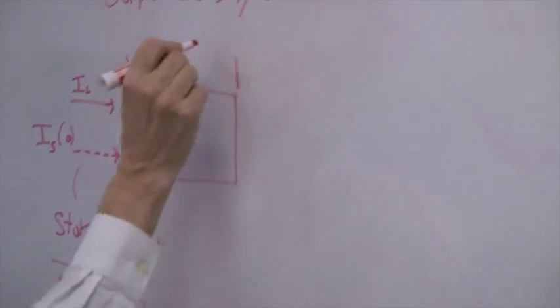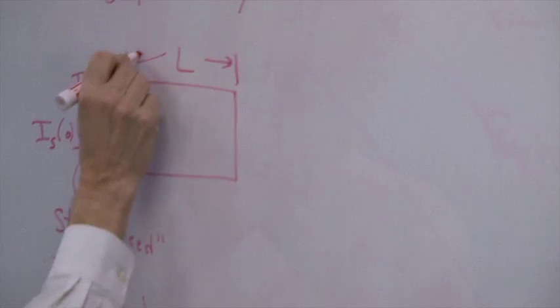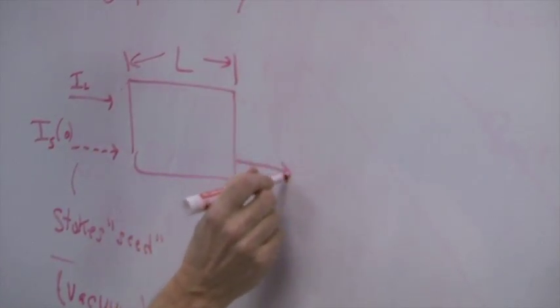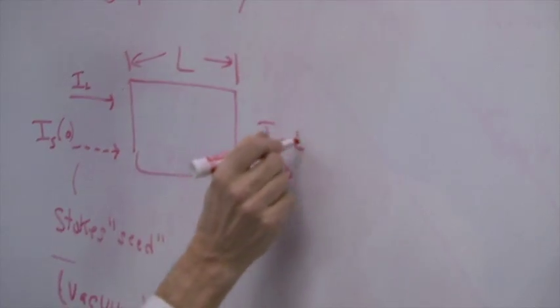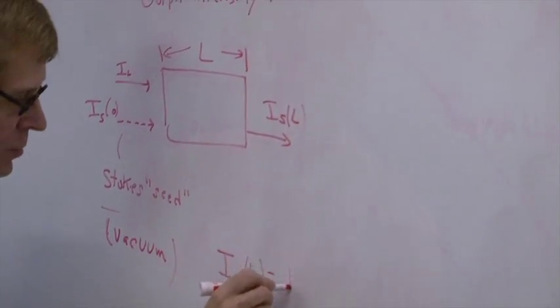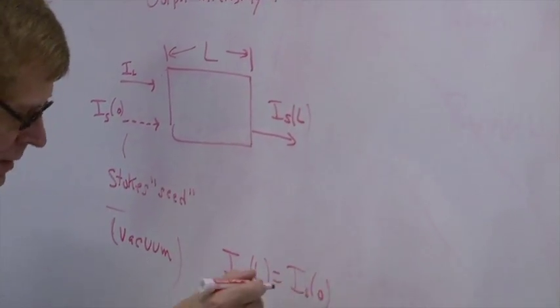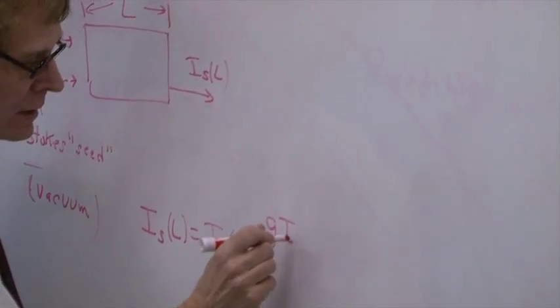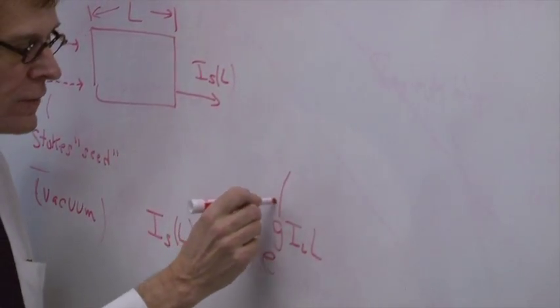You pass through a length L of material, and you measure the Stokes light intensity at the output, and ignoring saturation, the Stokes intensity at the output is the Stokes intensity at the input times e to the g I laser times L. G is some coefficient.